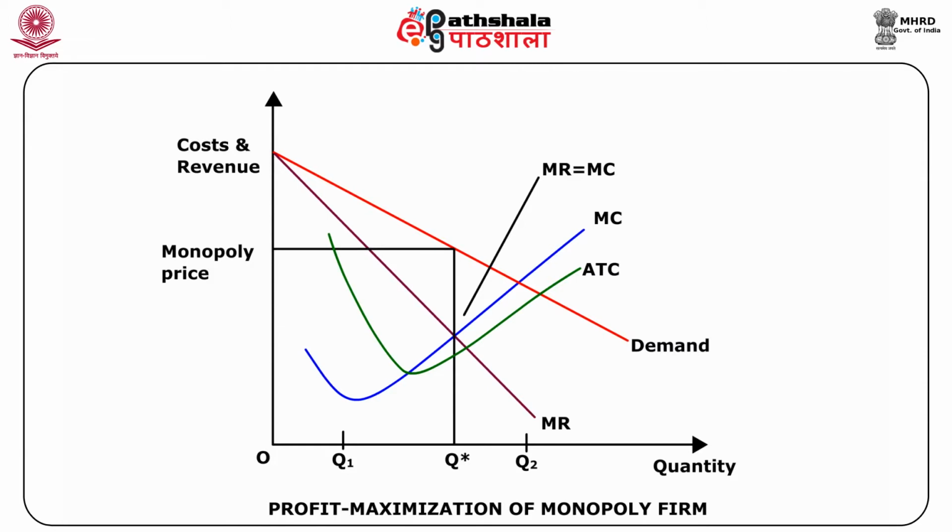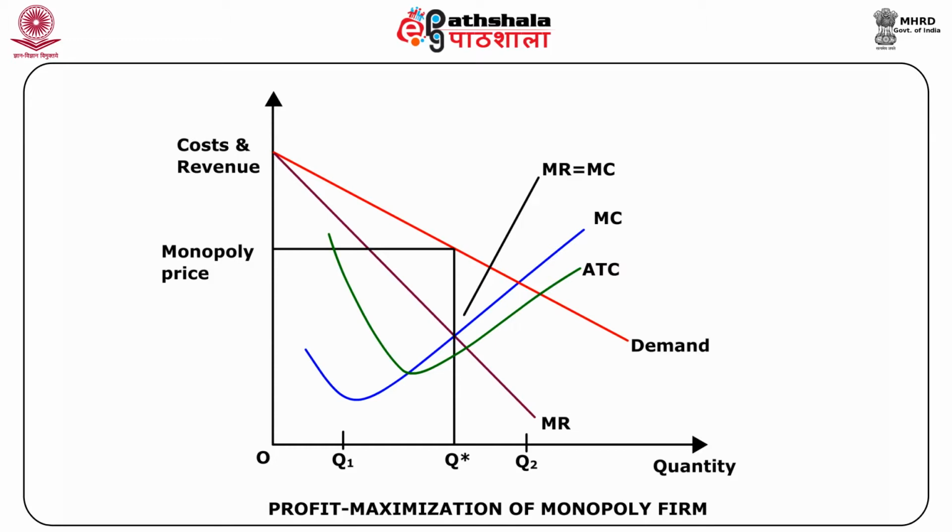A similar argument applies at high levels of output such as Q2. In this case, marginal cost is greater than marginal revenue. If the firm reduced production by 1 unit, the cost saved would exceed the revenue lost. Thus, if the marginal cost is greater than marginal revenue, the firm can raise profit by reducing production.